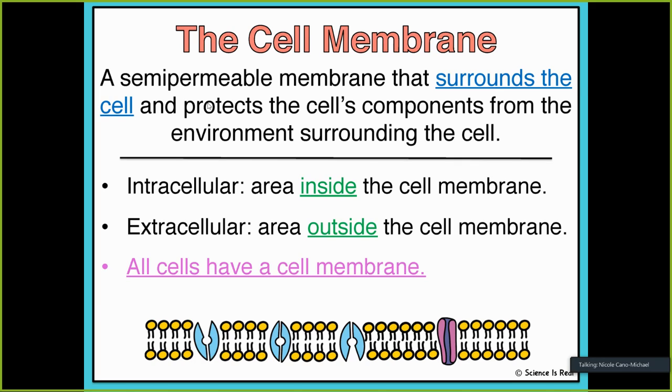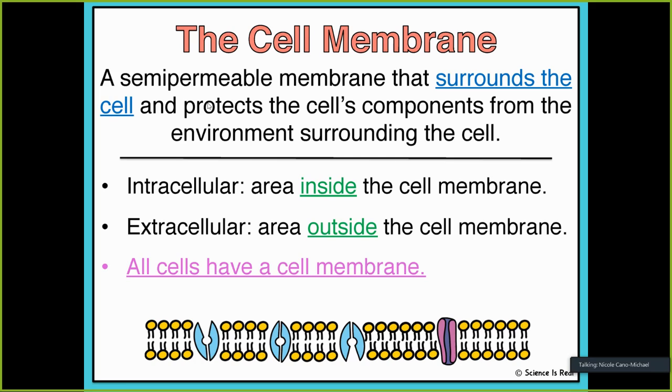And please remember, all cells have a cell membrane. It does not matter if it is prokaryotic without a nucleus, or eukaryotic with a nucleus, or if it's a plant cell, a fungal cell, an animal cell. All cells have cell membranes.